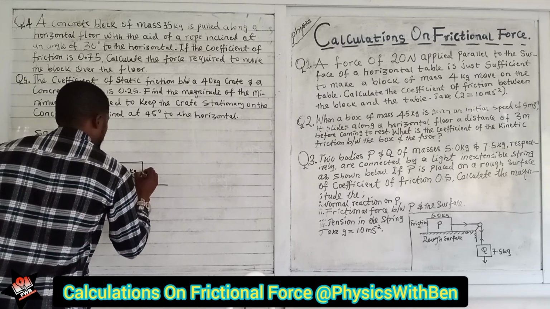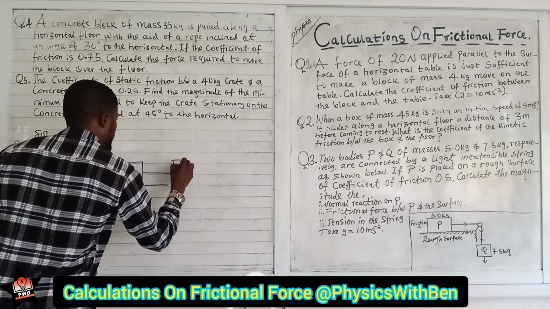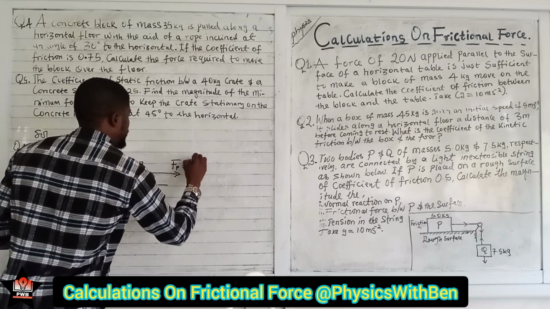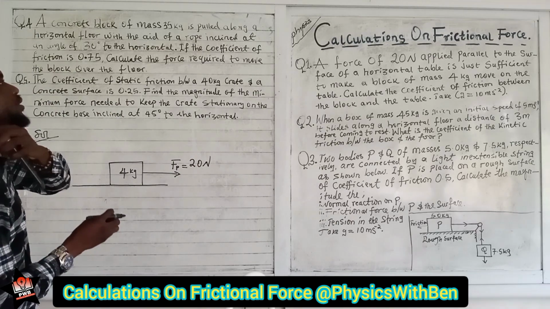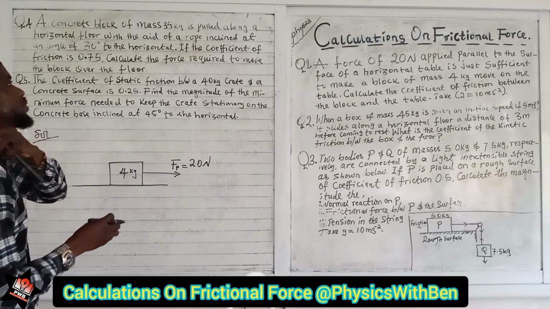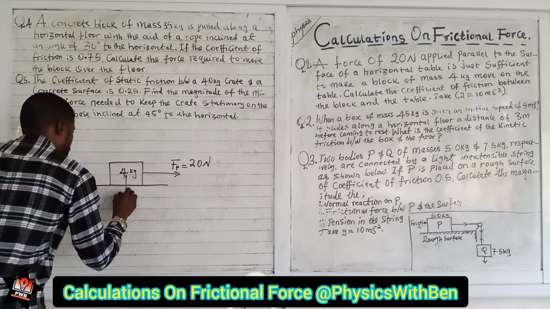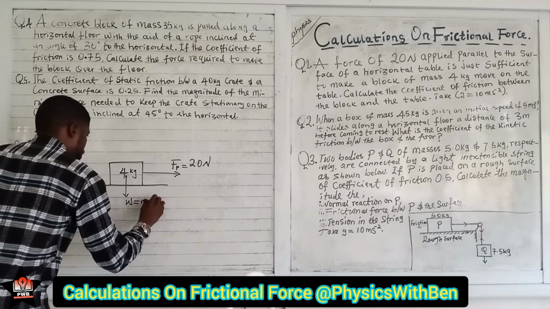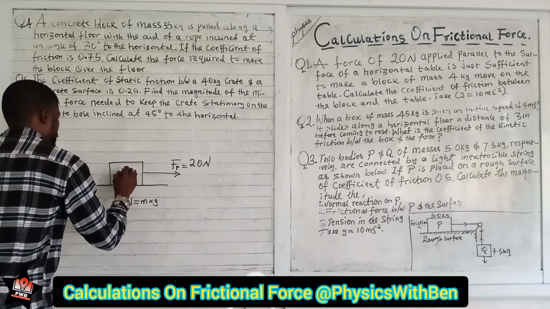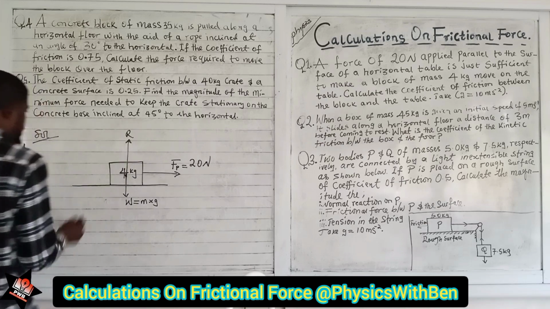So this force, which is supposed to be my pull force, is equal to 20 Newton. And then the weight of this block is equal to mass times gravity. And up here is your normal reaction.